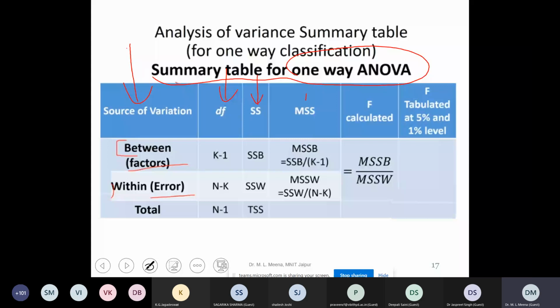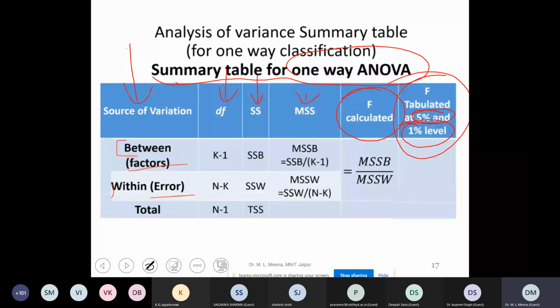Finally, we use the standard tabulated value for F, available at 5% and 1% levels. But before comparing the tabulated and calculated values, first find the calculated value.